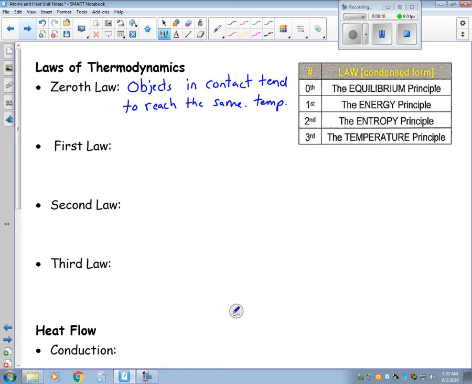And that's basically how thermometers can work. The first law. We haven't spent a lot of time with the first law in this unit, but we have in the last one, believe it or not. The first law is conservation of energy. Energy is conserved. The second law we just kind of mentioned.